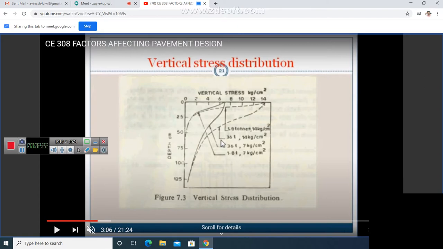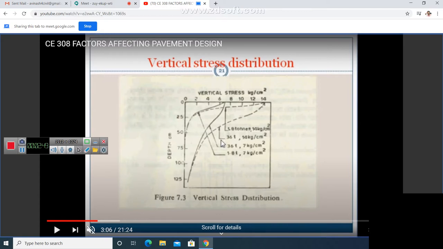When you observe these curves, this first curve is showing 1.8 ton and 7 kilogram per centimeter square. That means the load is 1.8 ton and the vertical stress is 7 kilogram per centimeter square. From this curve, you can get the pavement depth corresponding to each vertical stress.